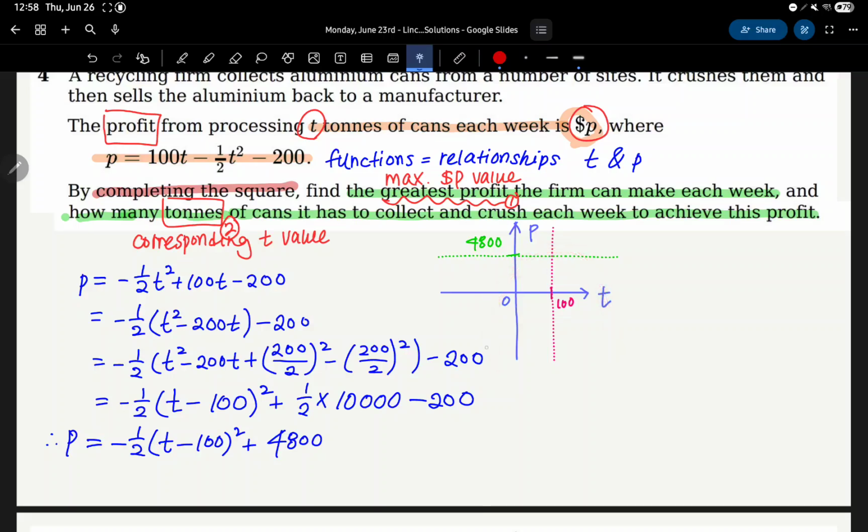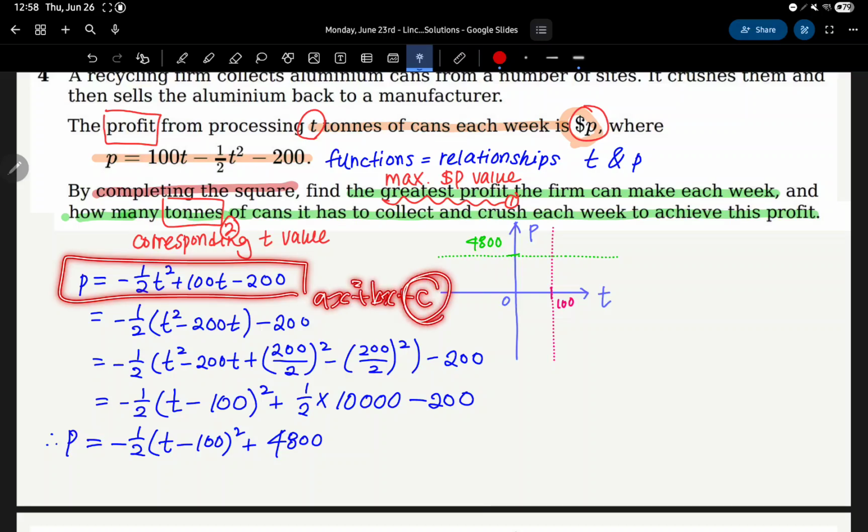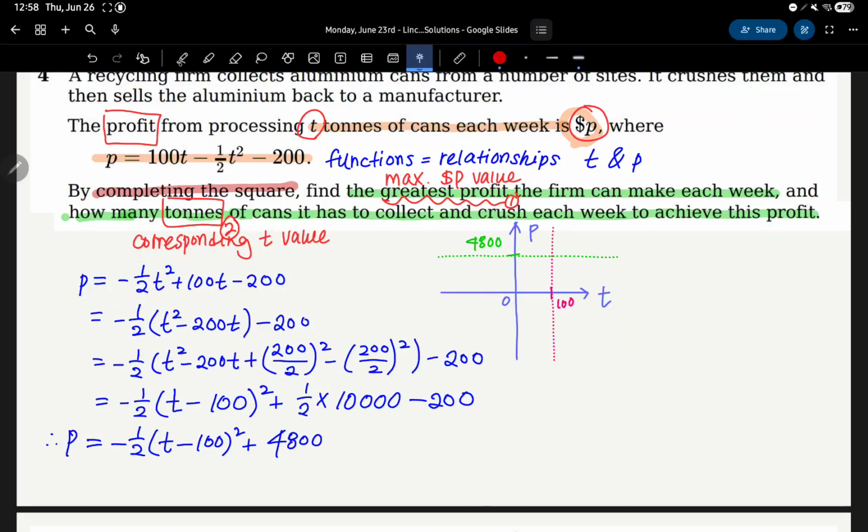But how do we know where it's going to pass the y-axis? We look at this value, because this is the y-intercept, remember? Notice how this looks like ax squared plus bx plus c. We said that in this case, the c value is the y-intercept. So it's going to cross at minus 200. So our brief sketch is going to look like that.